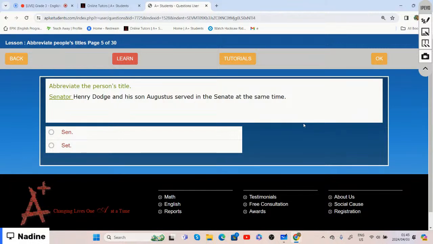Sen or sit? Senator, is it sen or is it sit?